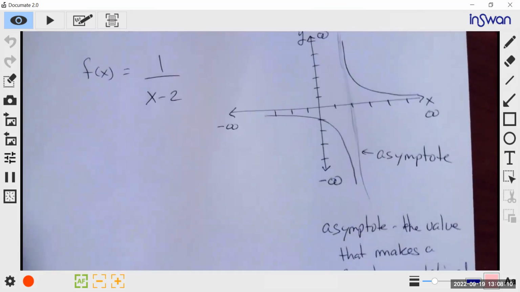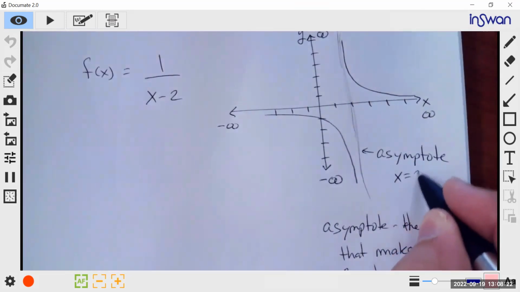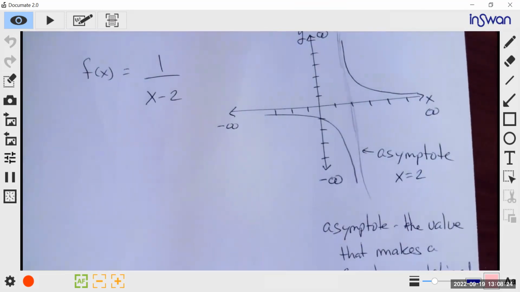Okay, what's our asymptote? What number is our asymptote? X equals 2. So our asymptote is at x equals 2. What happens if we plug in that value into our original function?